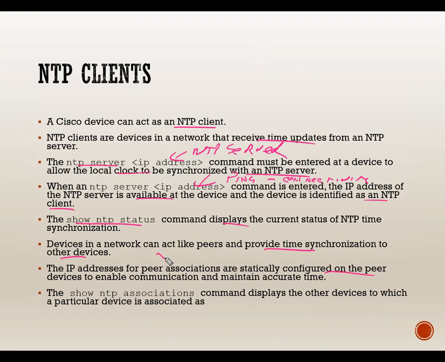So what it's saying is that clients can update clients with these things. And we have the show ntp associations command, which displays other devices a particular device is associated with. So NTP associations: where are we getting our information from? Which devices are we associating with?